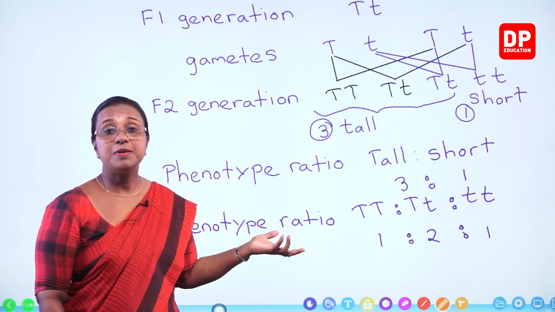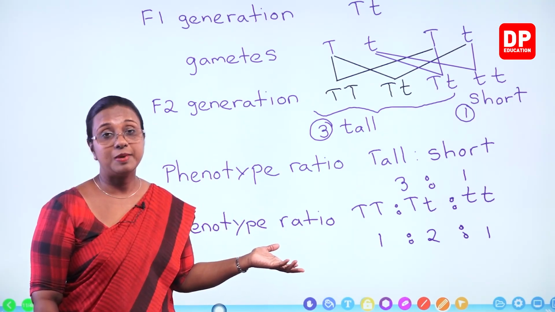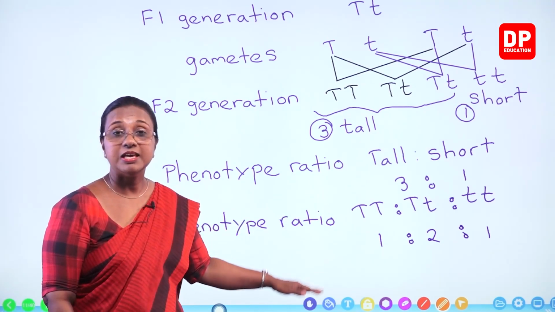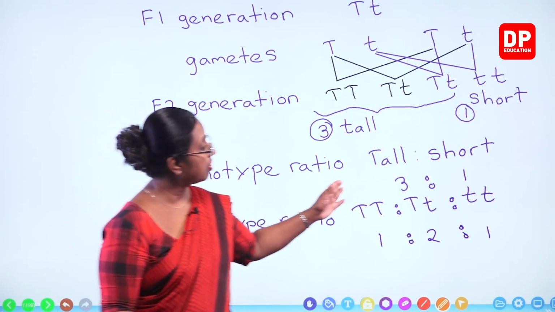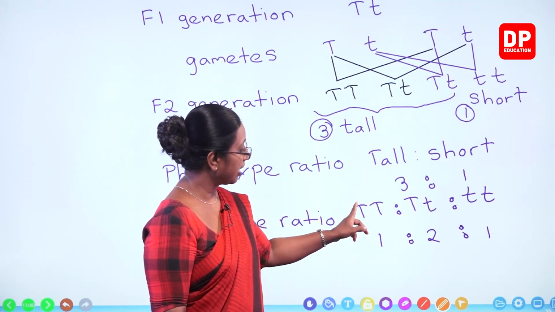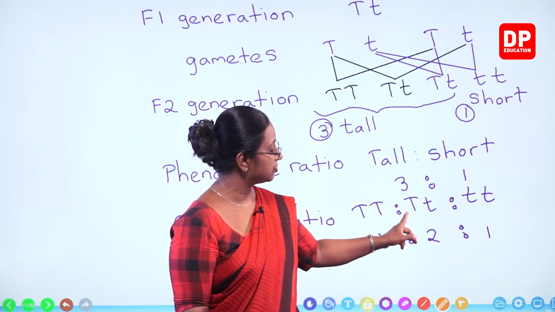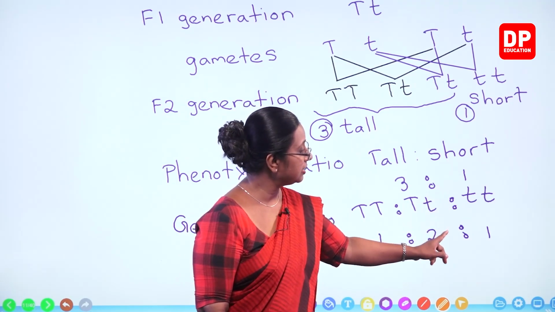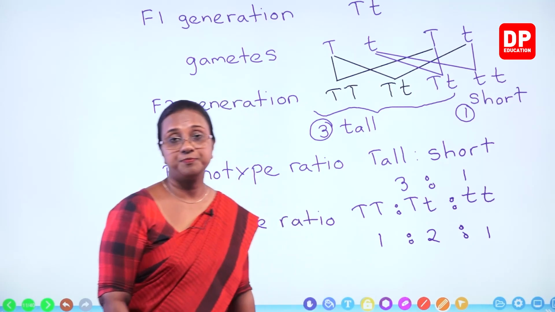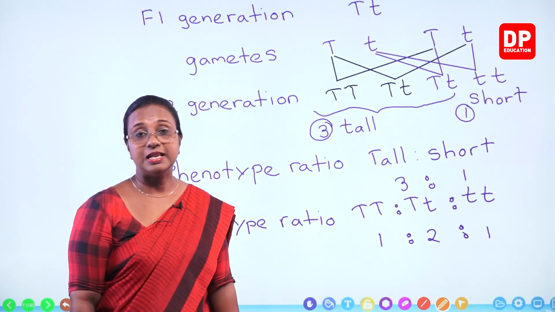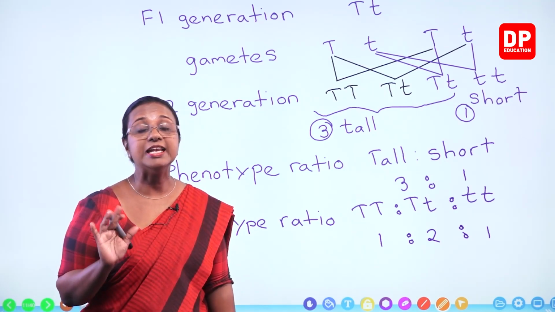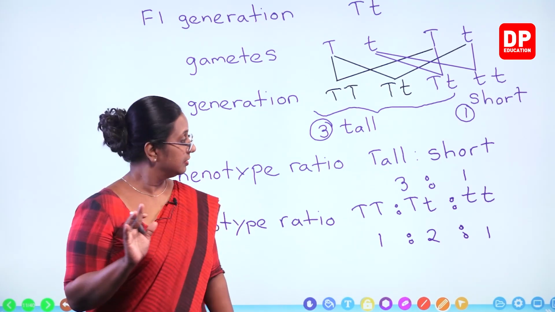And the phenotype is going to be all tall plants. Only for the second generation, we have a ratio. Tall is to short is 3:1, but genotype ratio capital T is to capital T simple t is to simple t, 1:2:1. That is how we get the ratio. I'm sure you all can understand this.